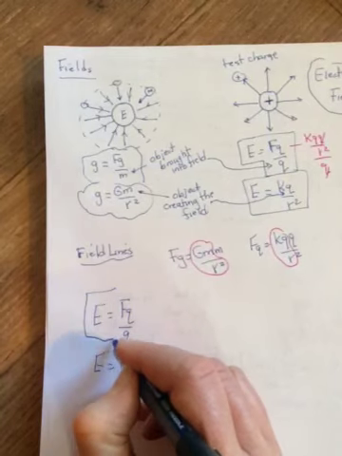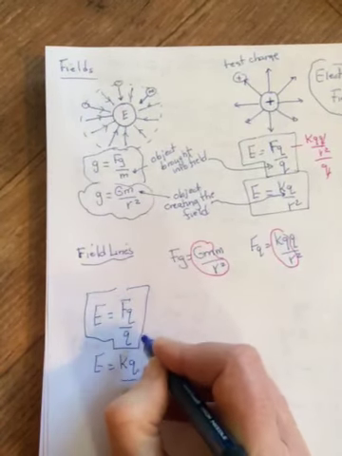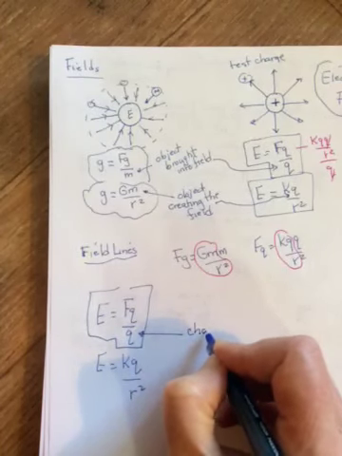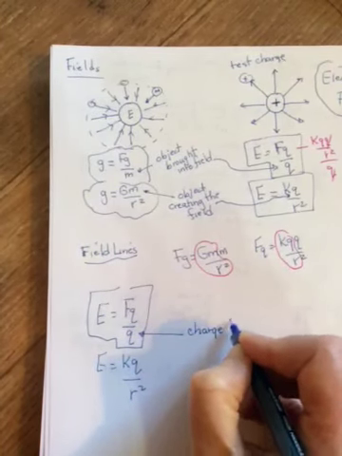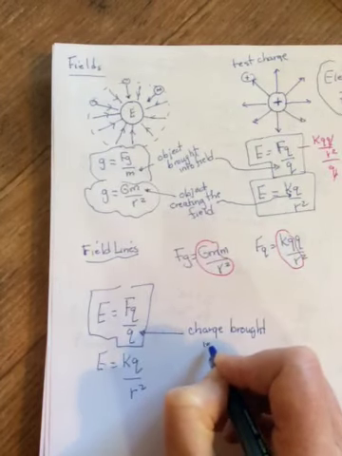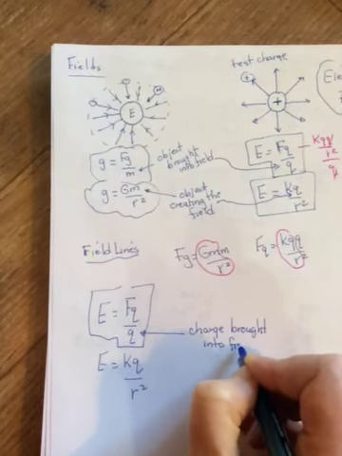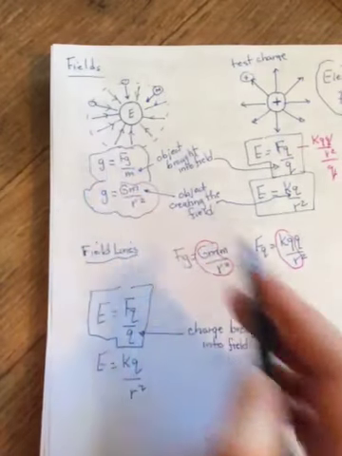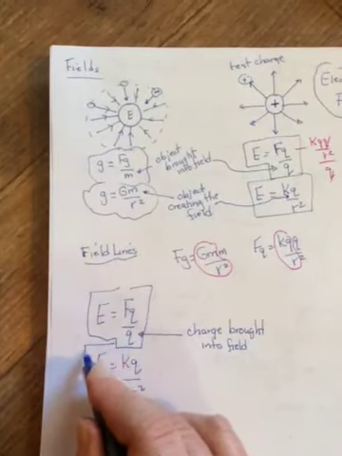If you're using E equals F_Q over Q, then this Q is the charge brought into the field, just like in gravitational fields, the m on the bottom was the mass brought into the field.